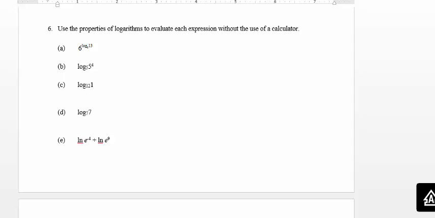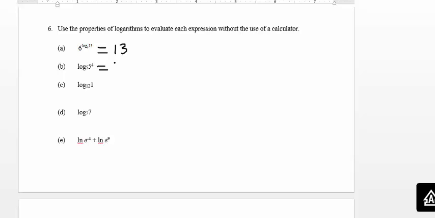So let's use the inverse properties of logarithms to evaluate these expressions. So the first expression says, I'm going to take the exponent that gives 13 when I apply it to 6, and I'm going to apply that to 6. So the result here is 13. The second expression says, what exponent do you apply to 5 to get 5 to the 4th?